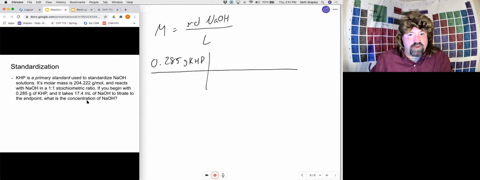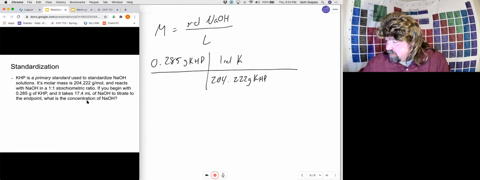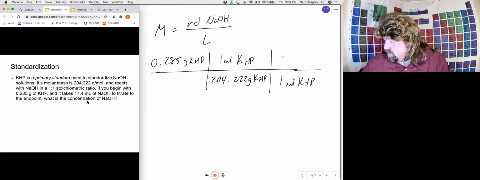So I'm going to take my 0.285 grams of KHP, and I'm going to divide that by my molar mass, 204.222 grams of KHP per mole of KHP. And then I know that it's a one-to-one relationship, 1 mole of KHP to 1 mole of NaOH.